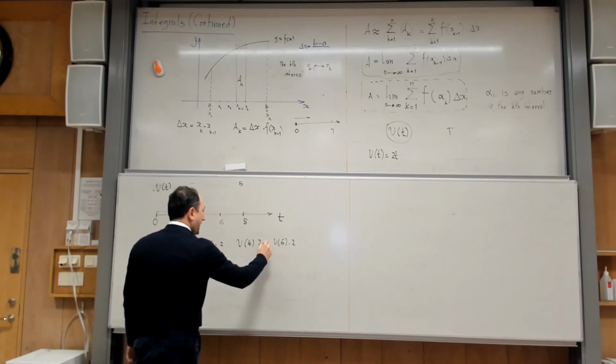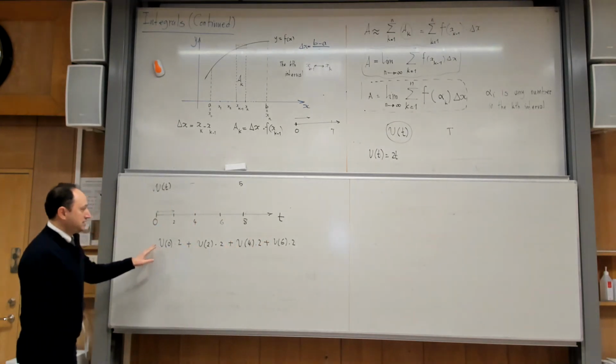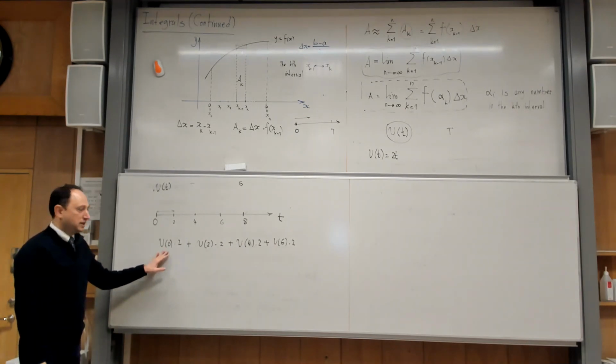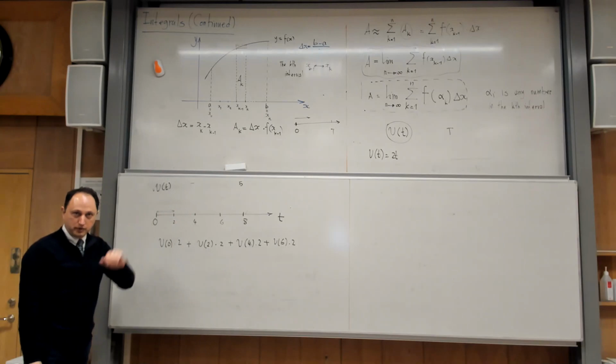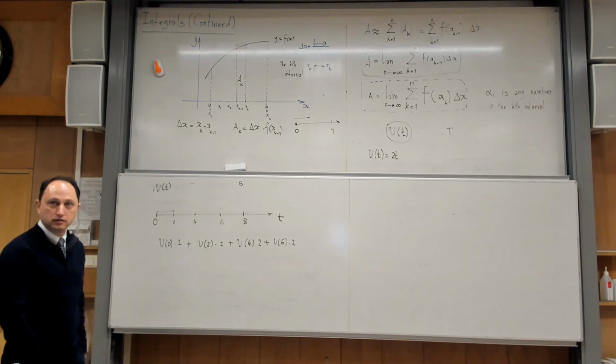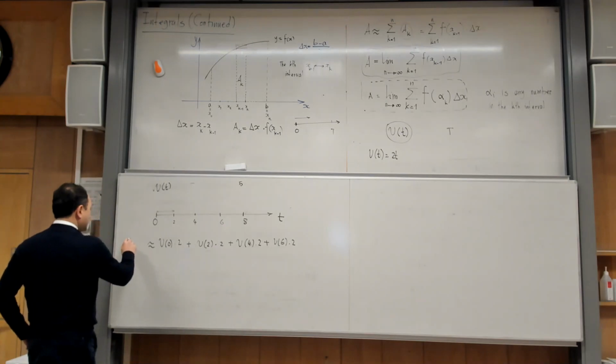And then if I add them, I cannot claim this is the exact displacement, but it's an approximation for the calculation that I want to do for the displacement. Is that clear? So this is approximately equal to the distance traveled.